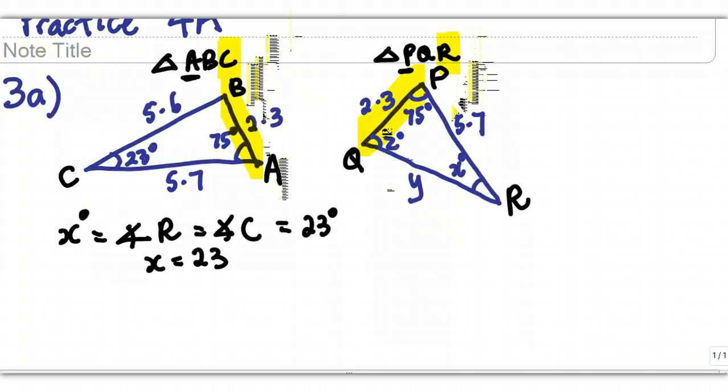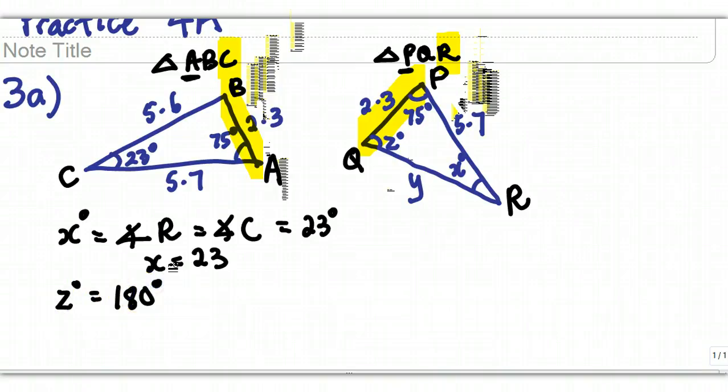Which leads us to find the angle Z. Now, the angle Z corresponds to the angle Q, which in the other triangle, since they are congruent, will correspond to angle B, but we don't know angle B. So is there any way to find angle Z? Well, you know that X, Z, and 75 degrees are three angles of a triangle. So you can find Z by taking the sum of angles of a triangle, which is 180 degrees, minus 75 degrees, minus angle X, which we know is 23 degrees.